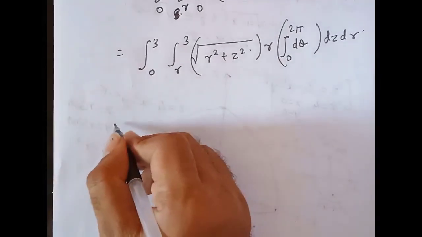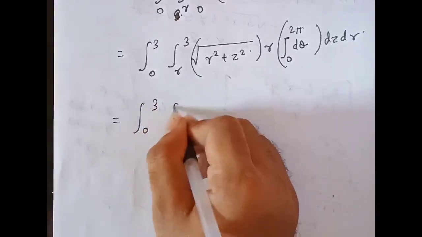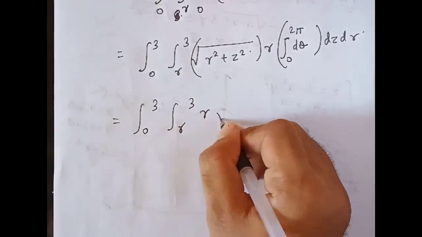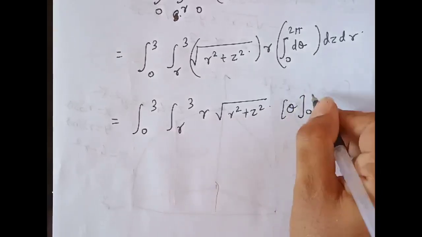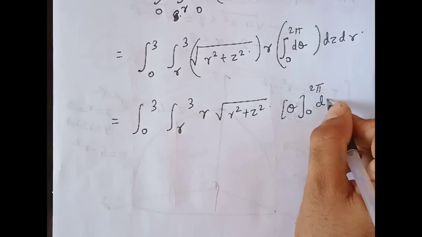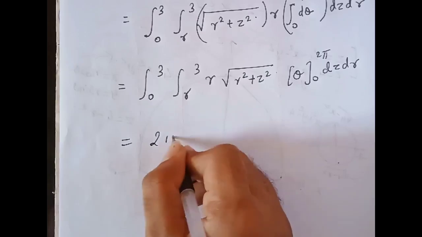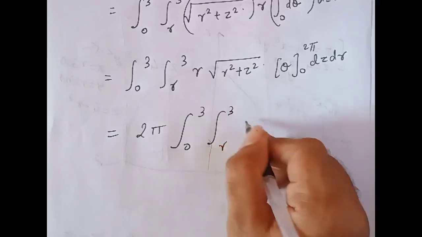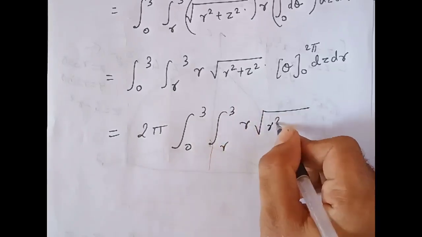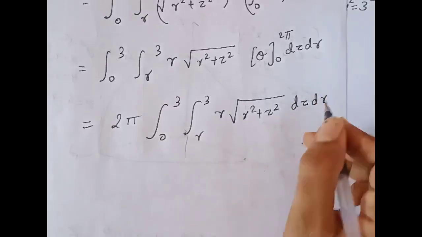So this integral is now nothing but 2 pi. Or simply 2 pi times the integral from 0 to 3, from r to 3, of r square root of r square plus z square dz dr.